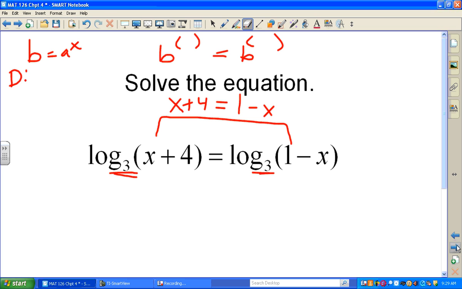Does anybody remember the domain? What number can you put in for x? Yeah, you can put in all real numbers. What does a have to be? a has to be greater than 0, and a cannot equal 1. What does y have to be?